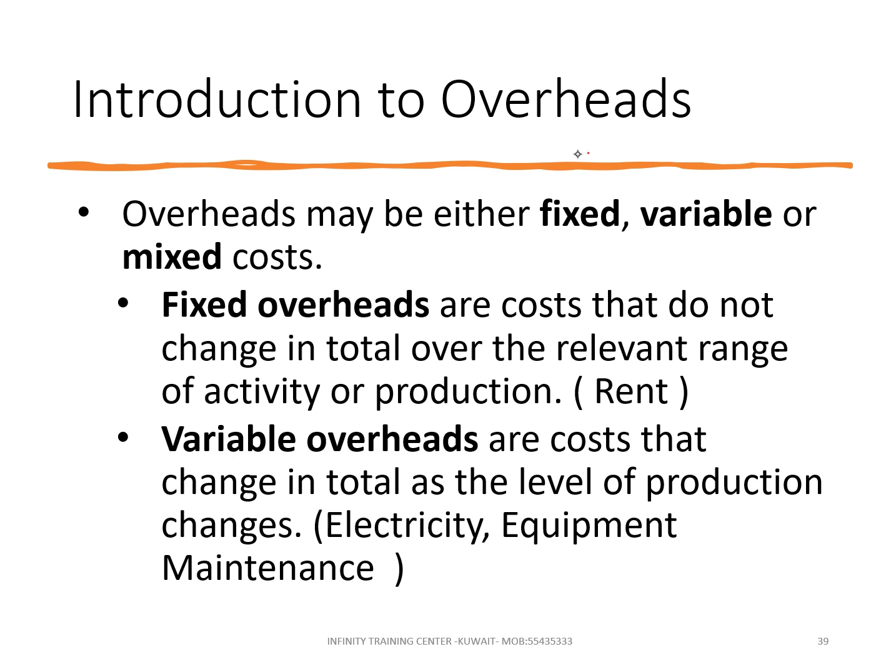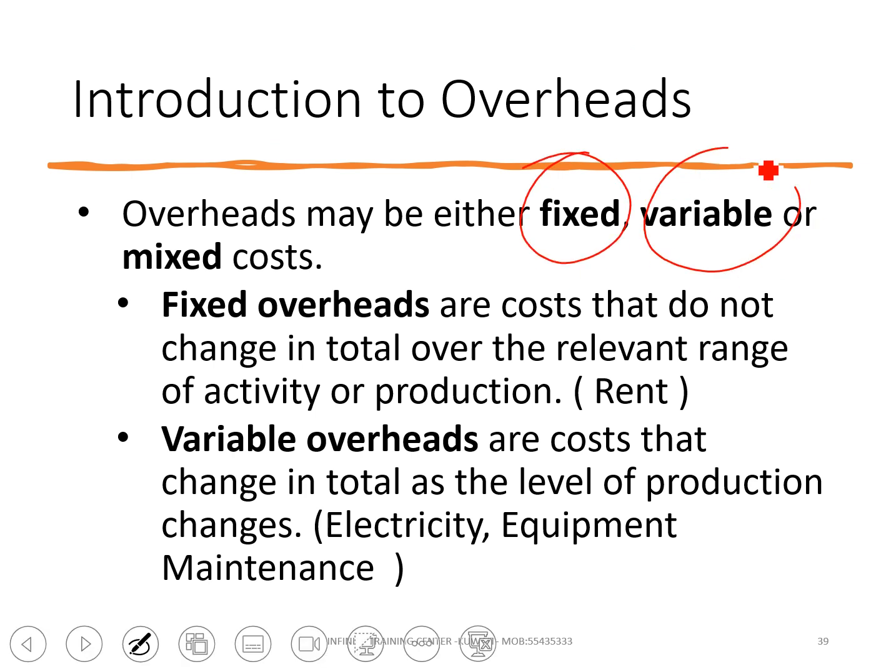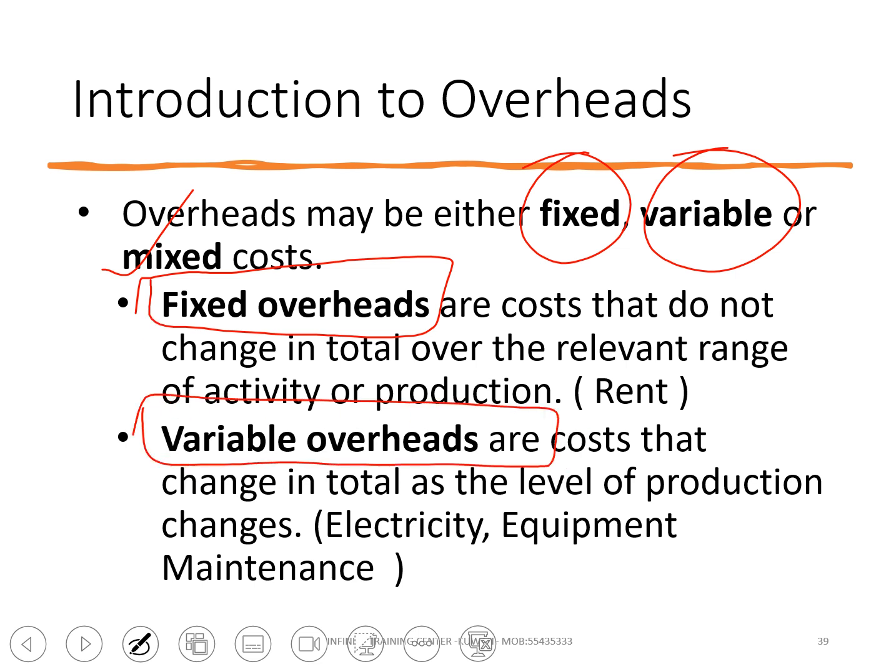And overheads again can be fixed, or variable, or mixed also. Fixed overhead, we have discussed, is a cost that is not going to change based on the production. And variable overhead cost may change based on the level of production.